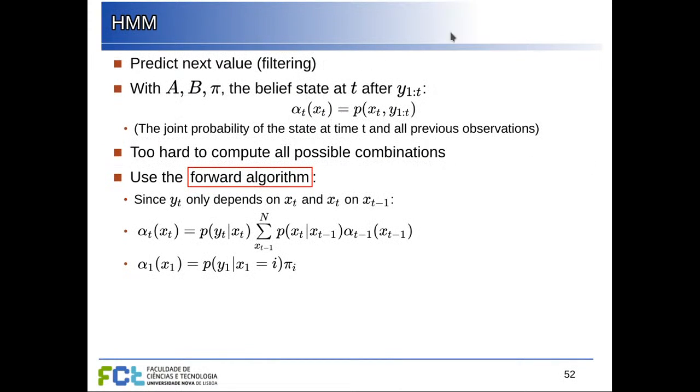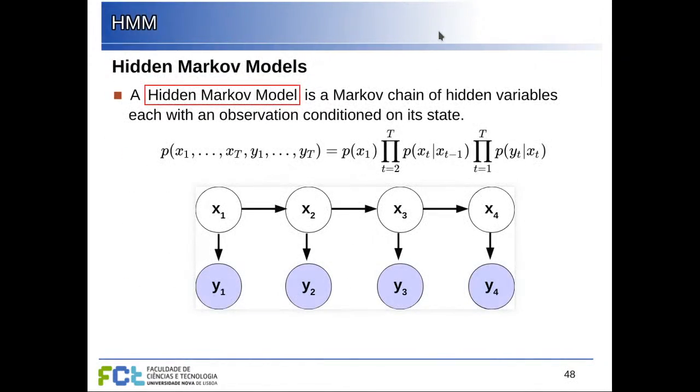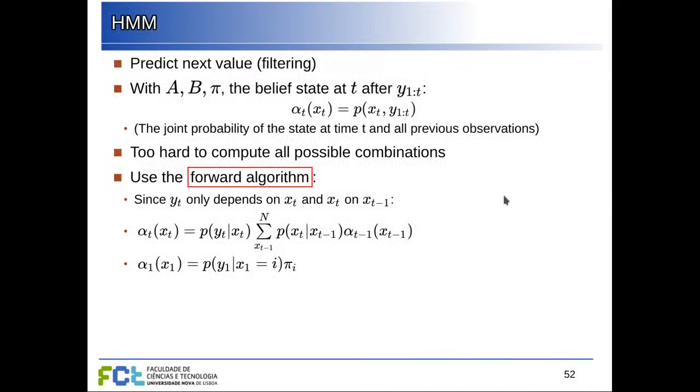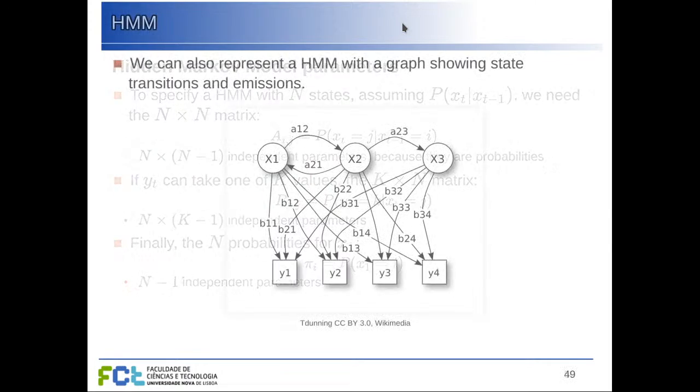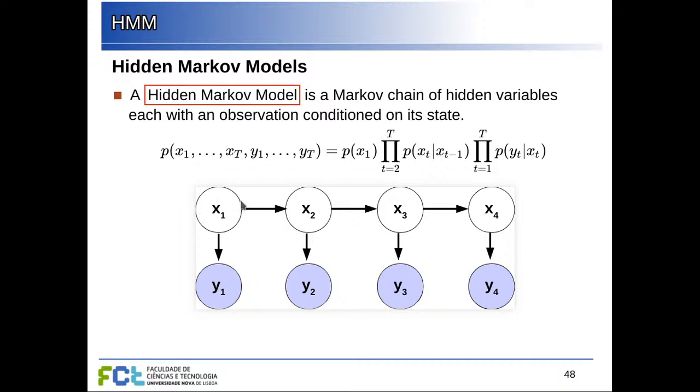For example, we can predict the next value basically by computing this belief state at time t, which is the distribution of probabilities of the hidden state at time t based on all the observations so far. So if we, for example, observe these y1, 2, and 3, we could use this to predict what is the state now. Note that we cannot observe these states, and also computing all the different combinations would usually be prohibitive, but we have this forward algorithm that takes advantage of the fact that each state in the Markov process only depends on the previous state.